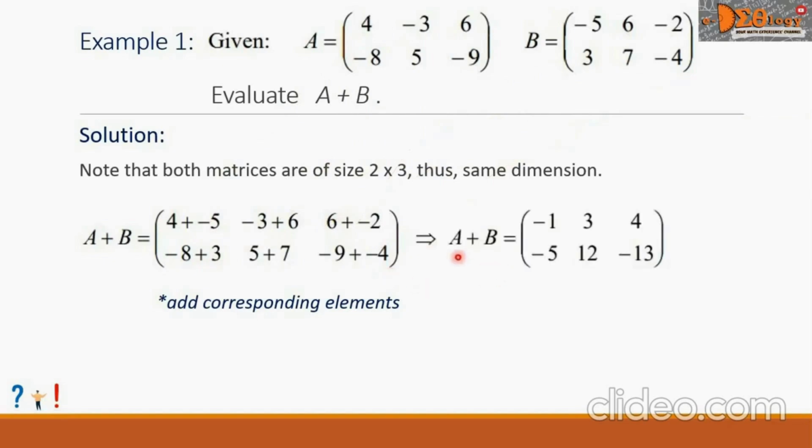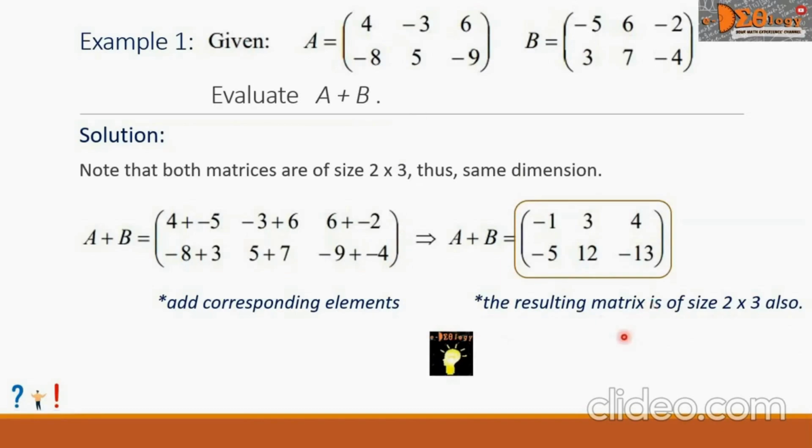When we simplify, we have the elements negative 1, 3, 4, negative 5, 12, negative 13, respectively. We see here that the resulting matrix is of size 2 by 3 also. This is the final answer.